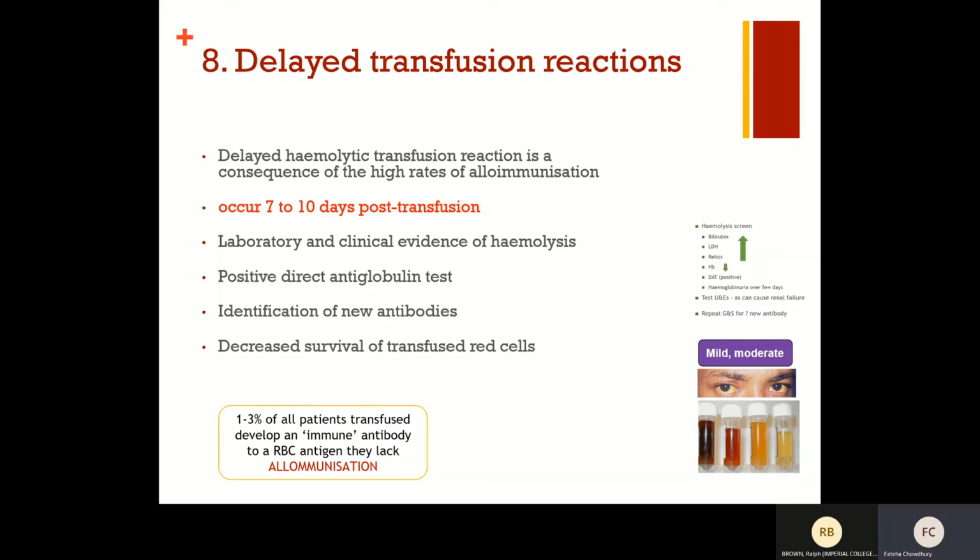So delayed transfusion reaction is probably one of the commonest things that we see in our sickle patients in particular, and it usually occurs 7 to 10 days after the transfusion. And you can have laboratory and clinical evidence of hemolysis with a positive DAT. We often do identify new antibodies or see antibodies that have been at an undetectable level, like Duffy and Kidd.